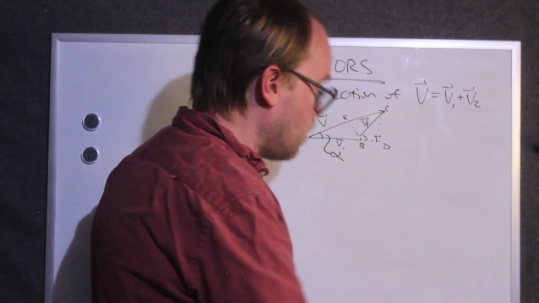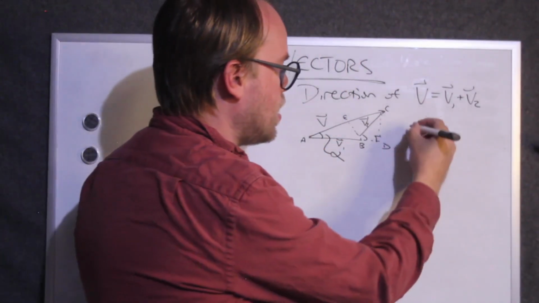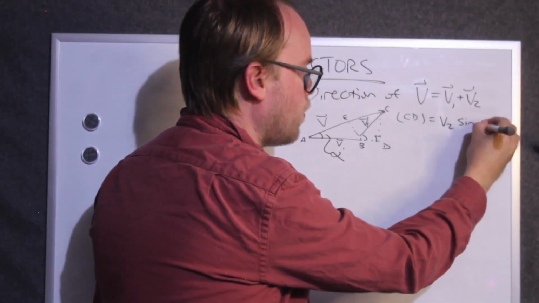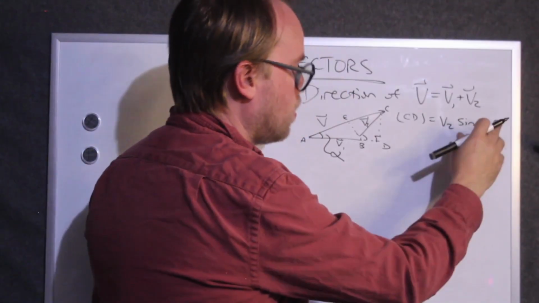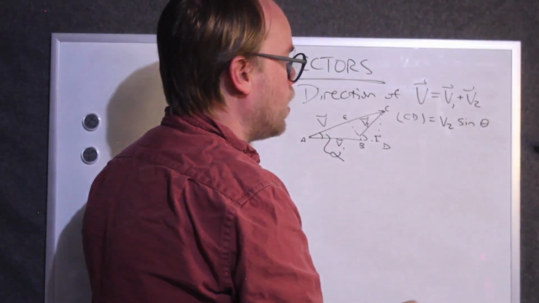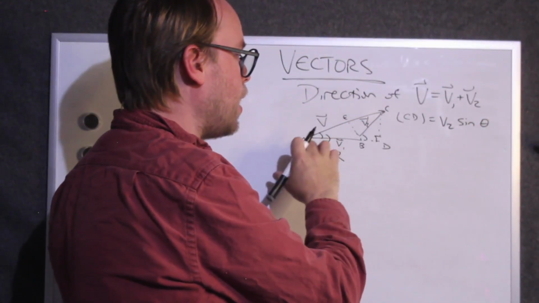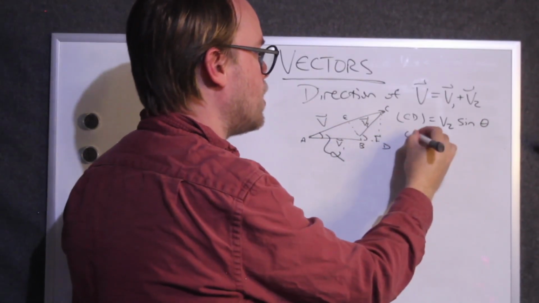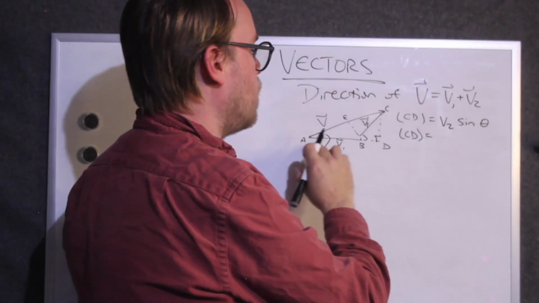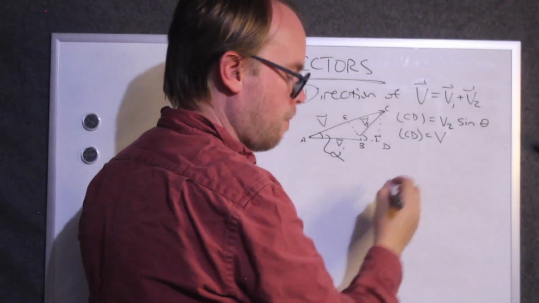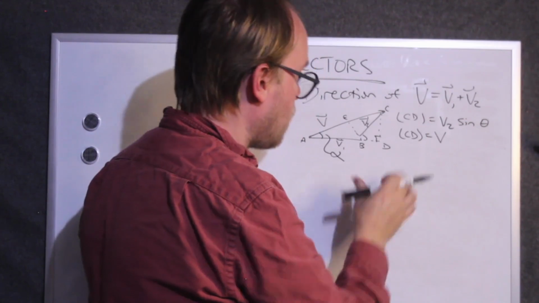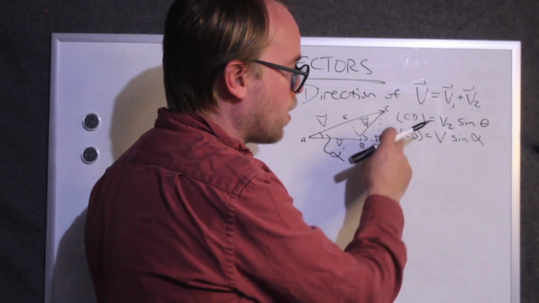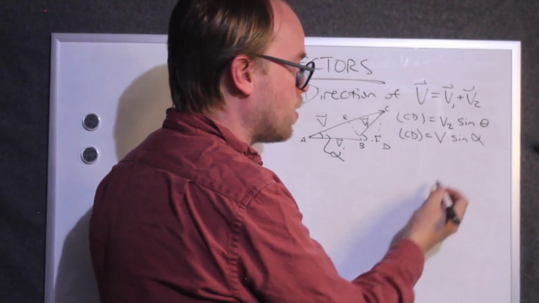Again, from the figure, we can see that we know CD equals V2 sine of theta. But also, if we're looking at the whole big triangle, alpha has a relationship too. So CD equals V, that's AC, sine of alpha. Now since these are equal to each other, obviously, we can set them equal.